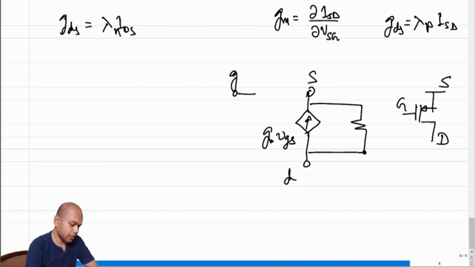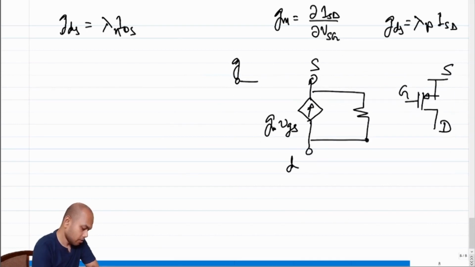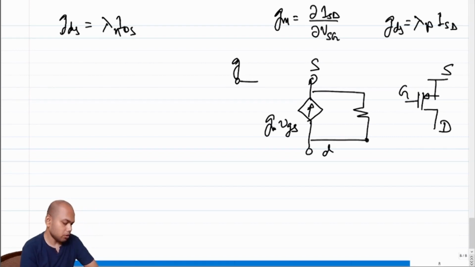Alternatively, if you are not comfortable, what you can also do is the following. We keep the gate as gate, right? And just like in the case of an NMOS, we had the drain on top and source on bottom.